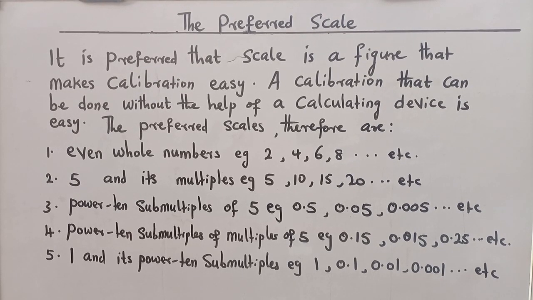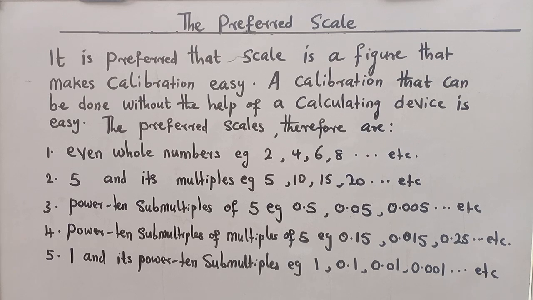That will almost not be done except you use a calculator or any other calculating device. An examiner that gives you a question on graph will not have to punch a calculator each time he wants to know whether you did the wrong or right calibration.